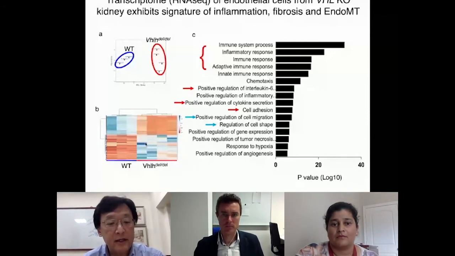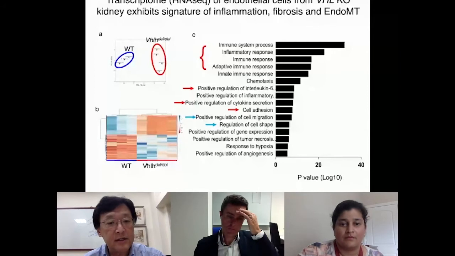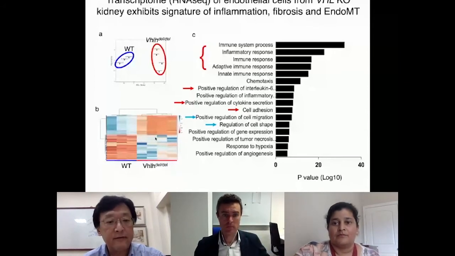And again, these endothelial cells do not have any known genetic manipulation. These overexpressed genes can be grouped into different functions, and most of these are actually involved in immune response.